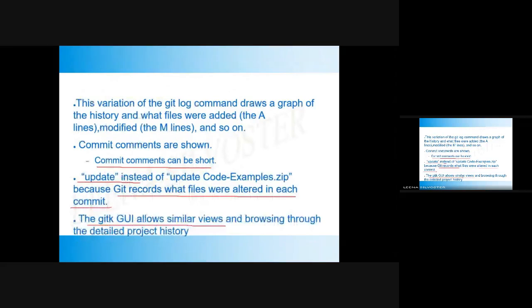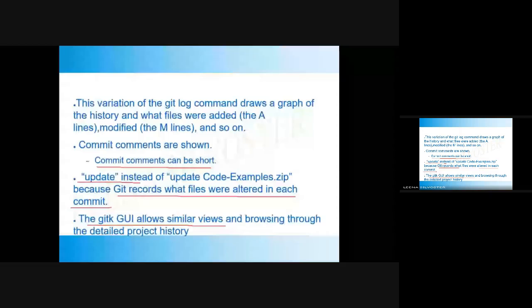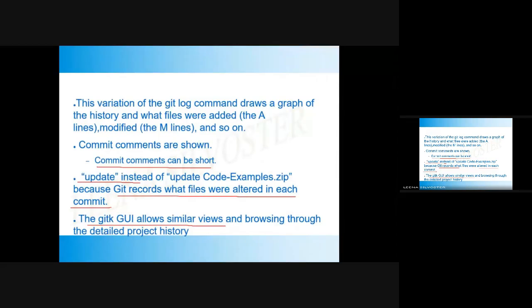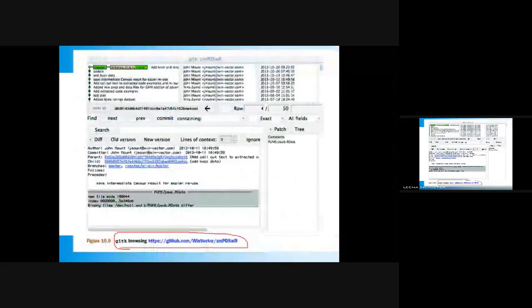Commit comments can be short, like "update", instead of "update the Git records". It records what files were altered in each commit. gitk GUI always allows similar views and browsing through the detailed project history. So this is the gitk browsing history.